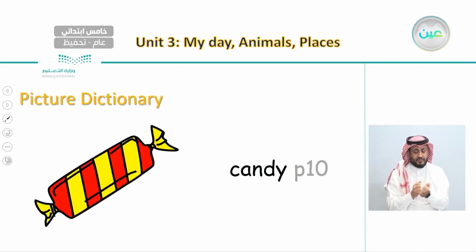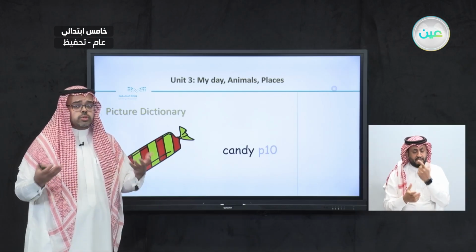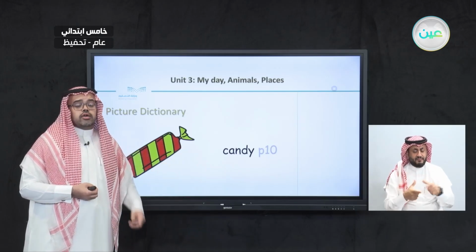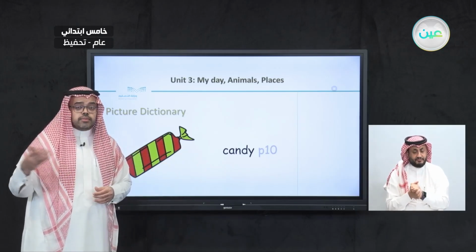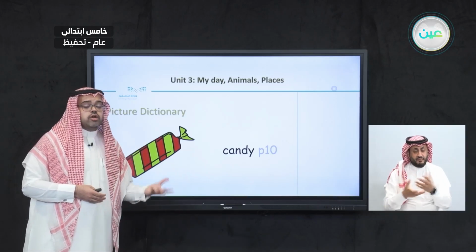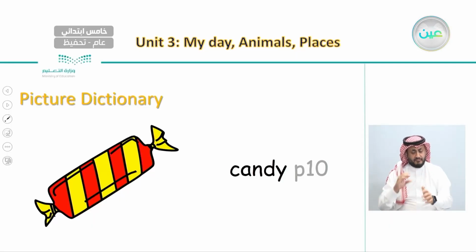Also, we have candy, which is a sweet food we usually eat on different occasions, like for example after Ramadan, or when we have a celebration for graduation and so on. And this word can be seen on page 10.